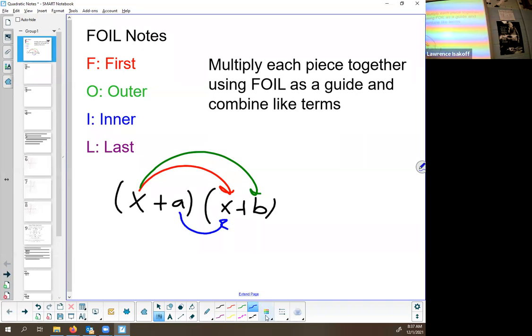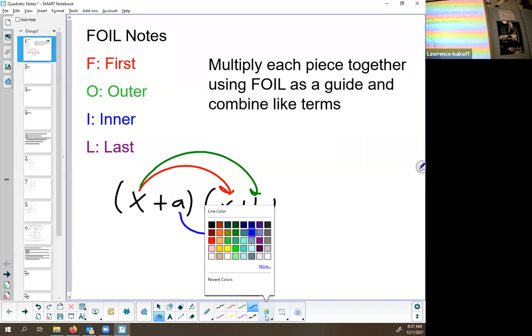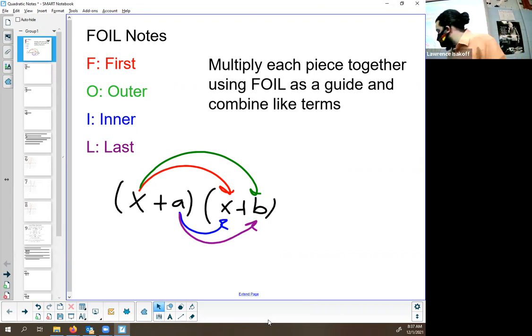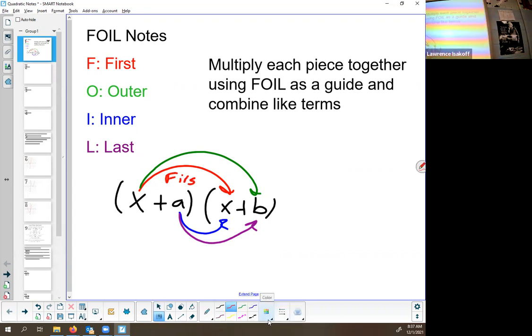And when I talk about last, that's the last number in each parenthesis. So again, you can see these colors lining up for first, outer, inner, and last.